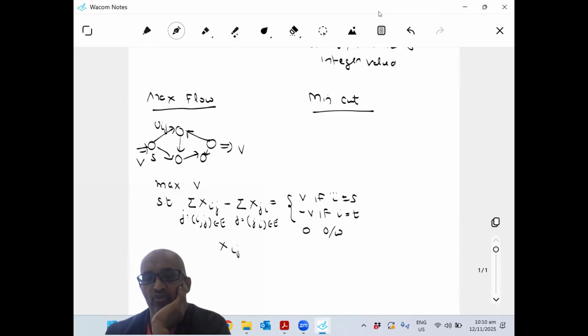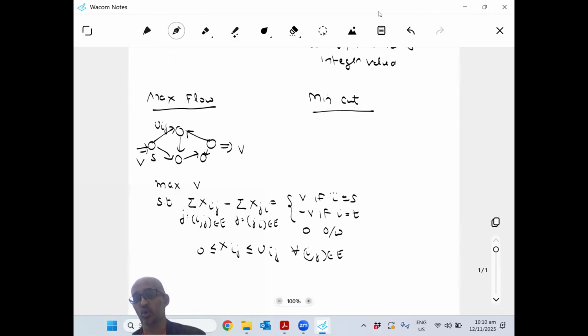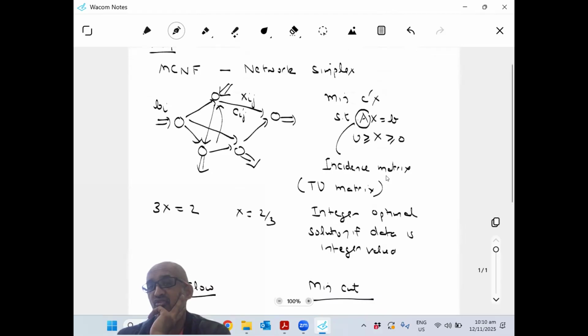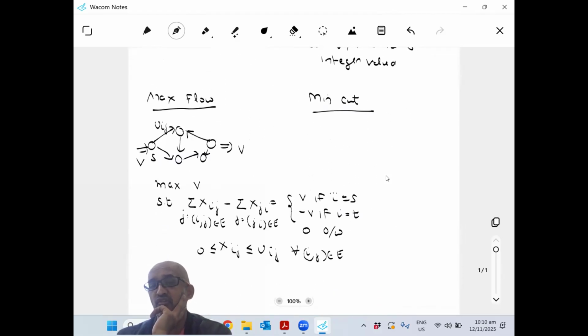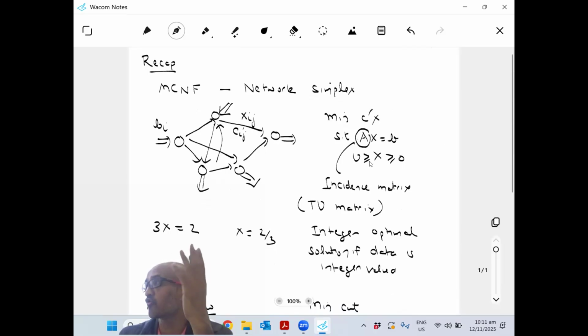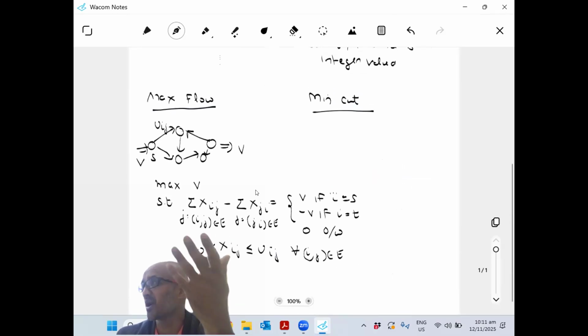And then you have these constraints saying Xij between 0 and Uij, where every edge in this graph has a capacity Uij. So this was a max flow problem. This is an example of the min cost flow problem because these are essentially flow conservation constraints, and you've got a lower bound of 0 and an upper bound of U, and you're trying to maximize flows here.